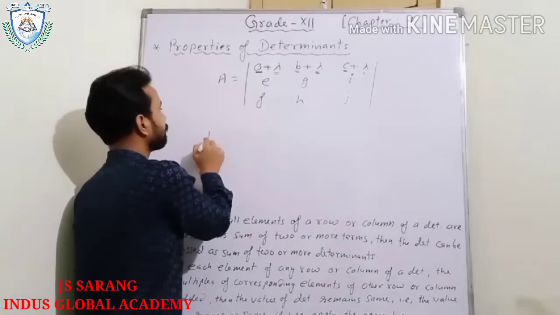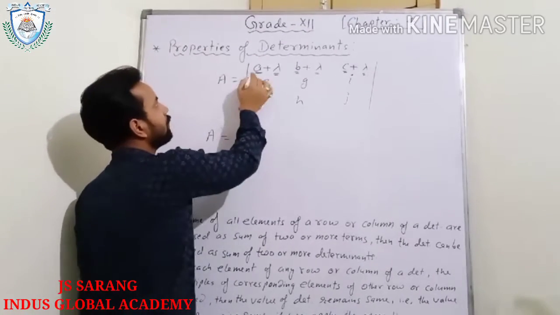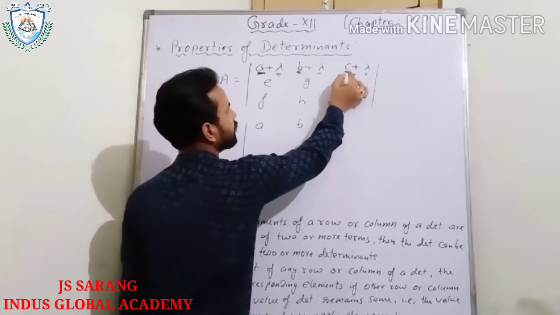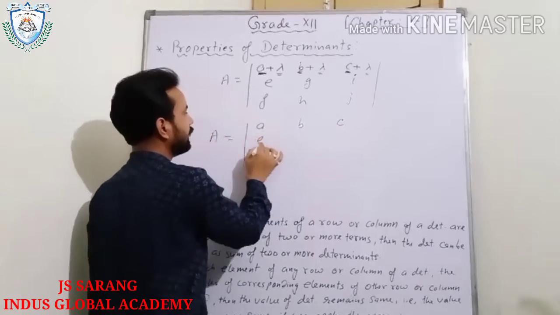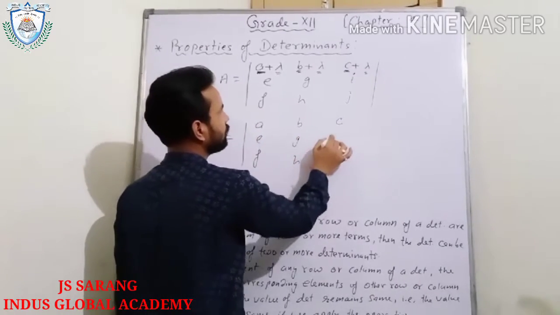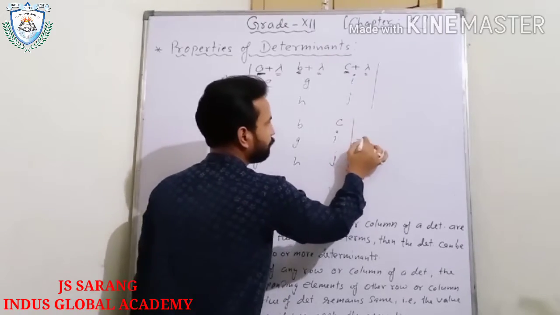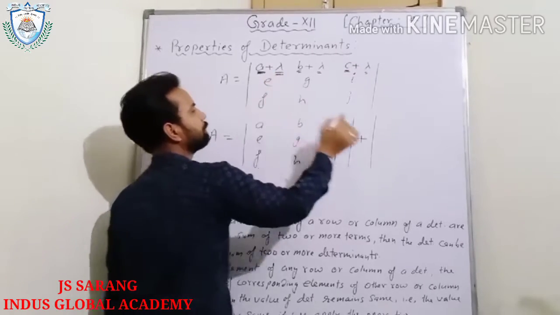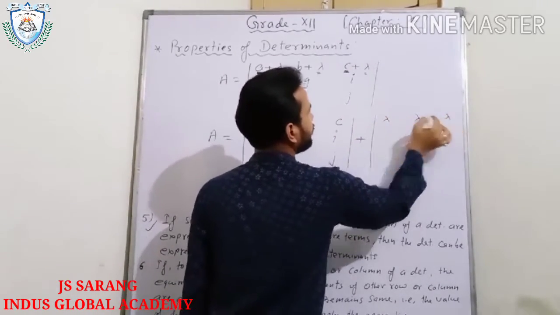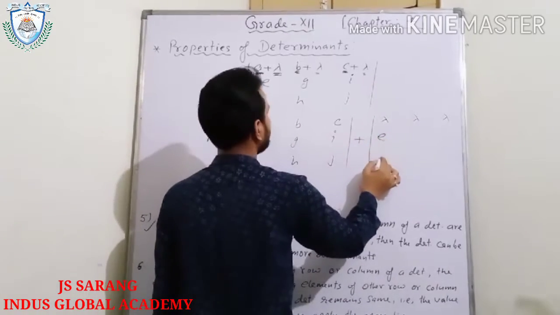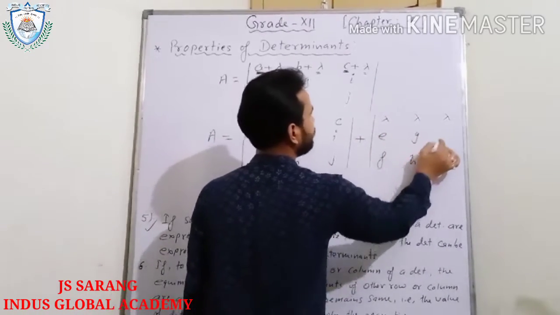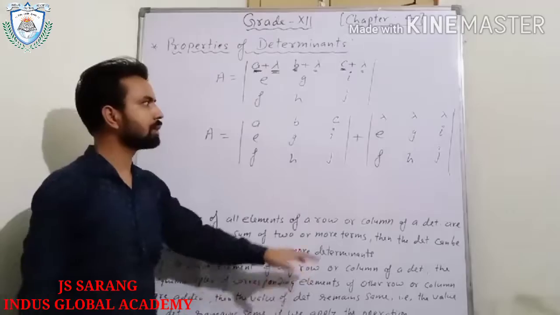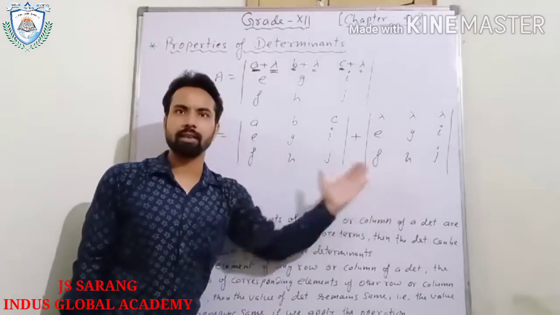This determinant can be represented with the first term A, the first term B, the first term C, and E, F, G, H, I, J, plus now we write the last elements, lambda, lambda and lambda, E, F, G, H, I and J. This determinant can be expressed as the sum of these two determinants.